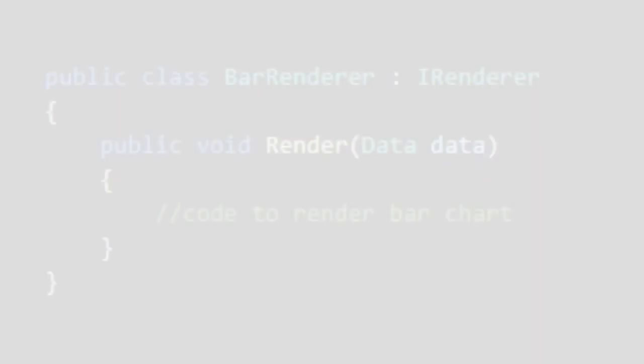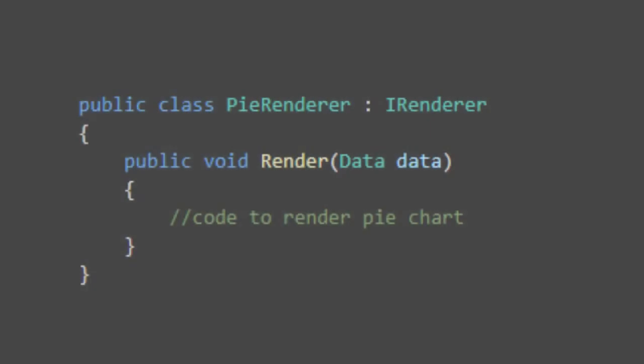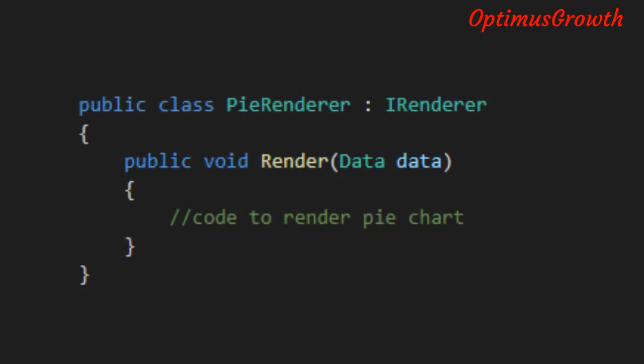This time, we will create a separate renderer for bar chart, implementing IRenderer interface in a way to actually render the bar chart. Similarly, we will create PieRenderer implementing the same interface to define the code to render the pie chart.